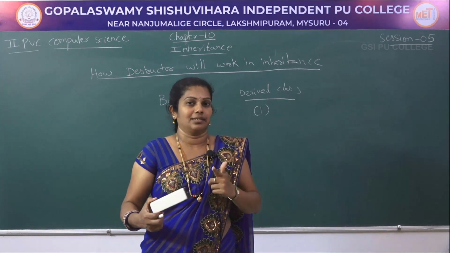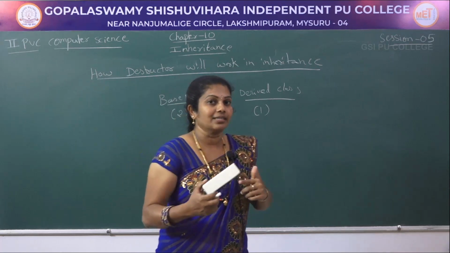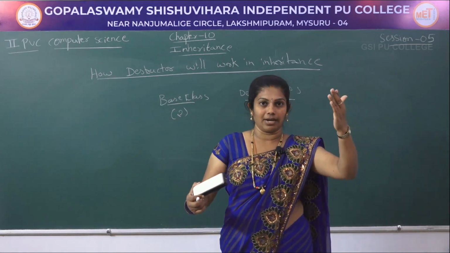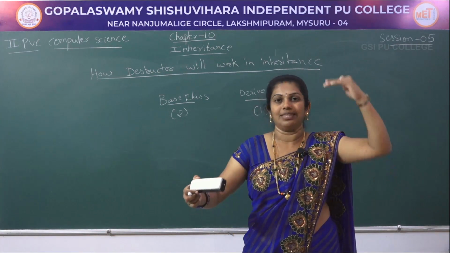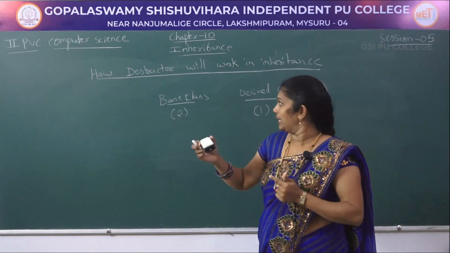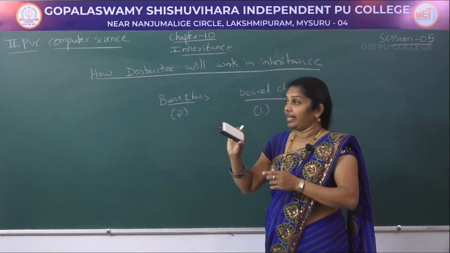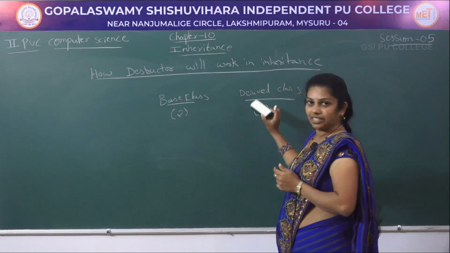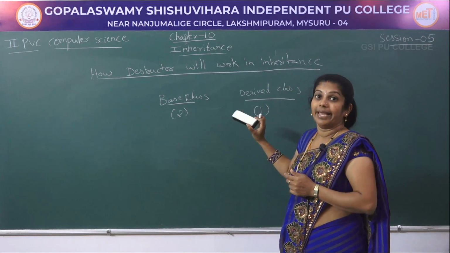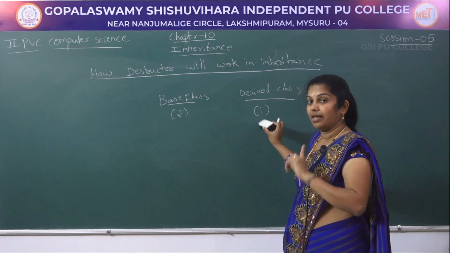But if you have destructor in both base class as well as derived class, when demolishing, we don't first demolish the house, first we demolish the compound, then the house. It means that how the destructor will work in inheritance is, first the destructor function will execute in the derived class.